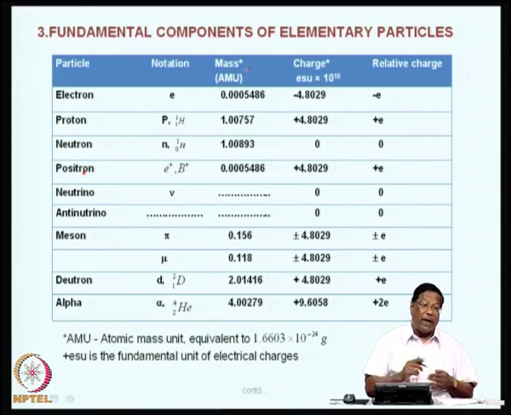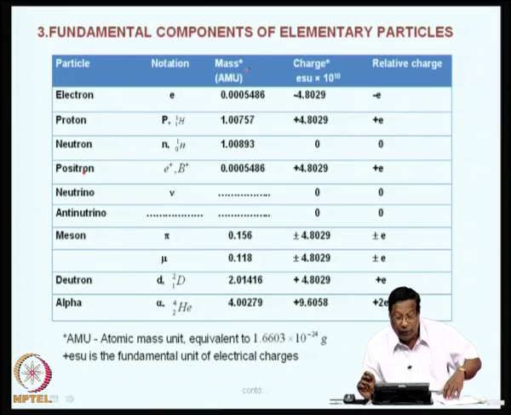So, when the residual gas was hydrogen, the maximum charge to mass ratio was obtained, and these particles are called protons and found to be identical with hydrogen atoms from which a single electron had been removed. And just like electrons, protons are also considered a fundamental particle whose mass is 1.00757 atomic mass units.